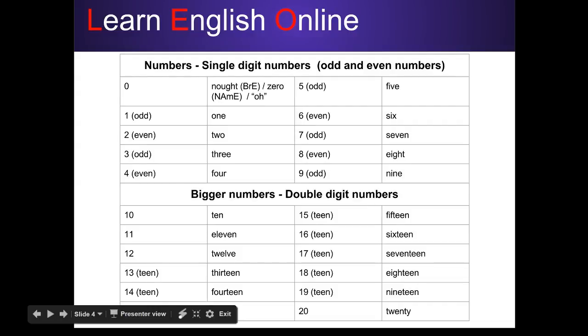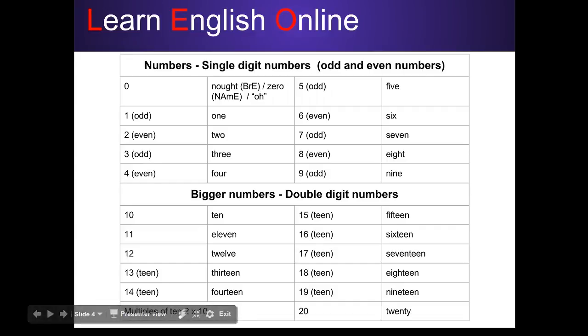So we've got the number 10, 11, 12, 13, 14, 15, 16, 17, 18, 19 and 20.